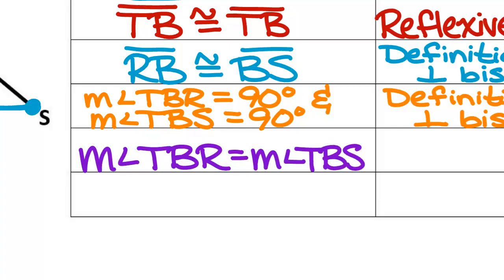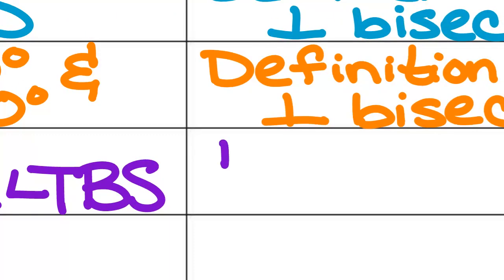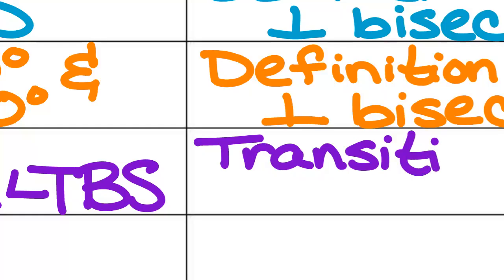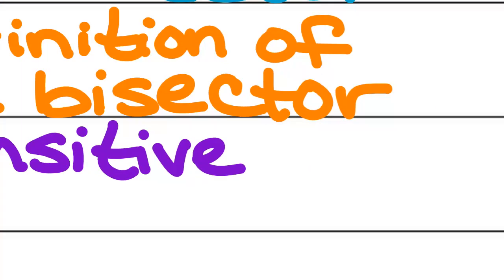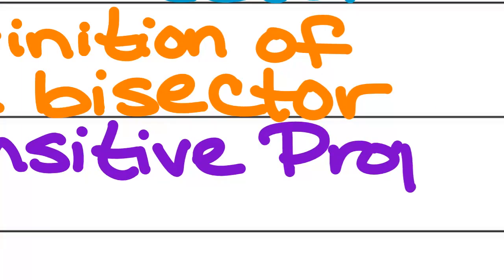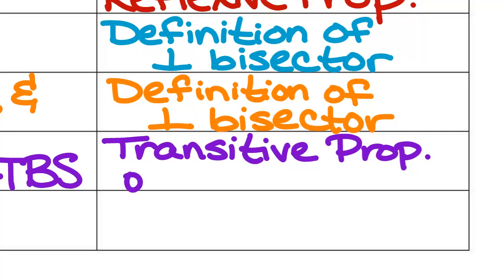In this equation right here, I took out the 90 and I put TBS in its place. Substitution, or what else could I use? Transitive property. Transitive property or substitution.